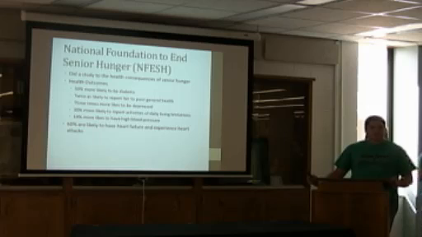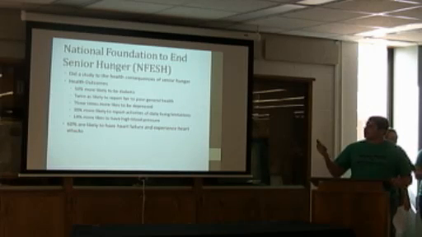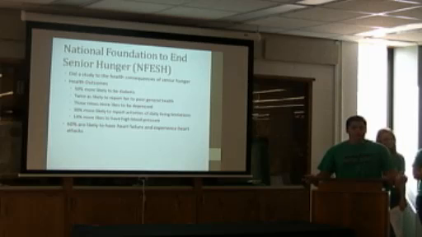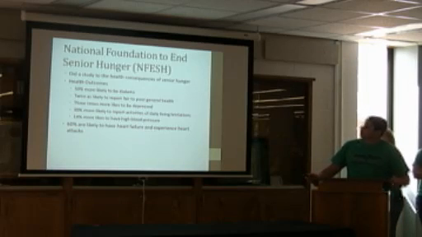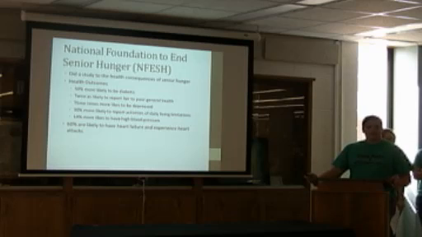The National Foundation to End Senior Hunger is an organization that puts on or helps fund research for senior hunger. One of the surveys that's distributed to most seniors in America, I don't know if all of them, is the National Health and Nutrition Examination Survey.